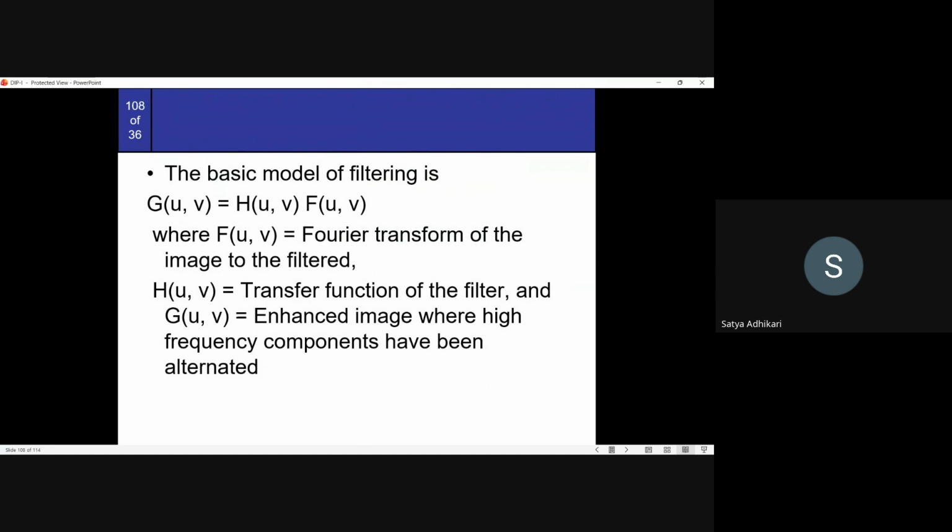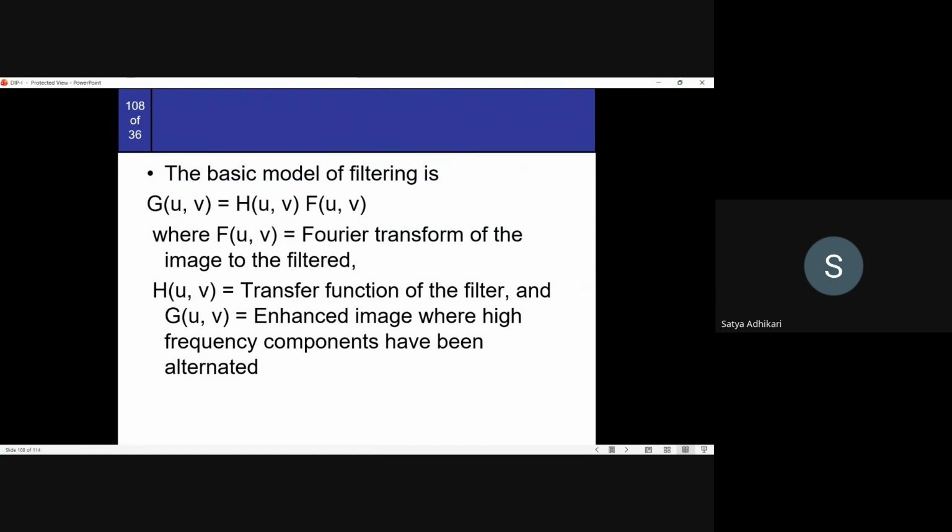So the basic model of filtering is G(u,v) = H(u,v) F(u,v), where F(u,v) is the Fourier transform. We'll discuss the Fourier transform; it is one type of transformation. H(u,v) is the transfer function of the filter. F(u,v) is the original one, and H(u,v) is the function applied to F(u,v).